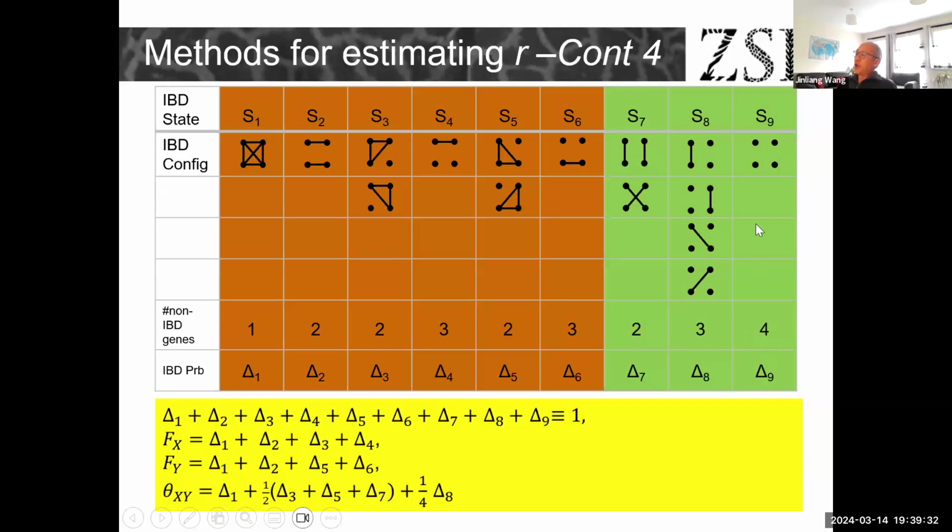The probability of this configuration is denoted by delta 9. Because the 4 alleles must fall into one of these 9 IBD states, these 9 coefficients must sum up to 1. And if we know these IBD coefficients, we can calculate the inbreeding coefficient of both individuals, individual X and individual Y. We can also calculate their coefficient of kinship and also their relatedness using this formula.